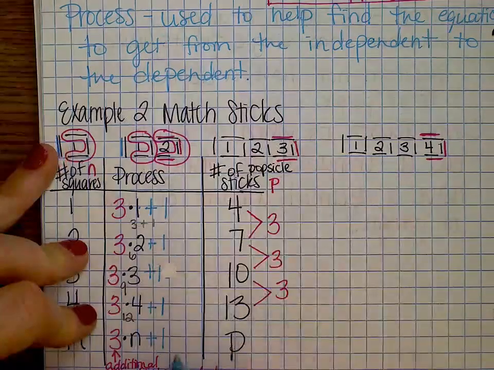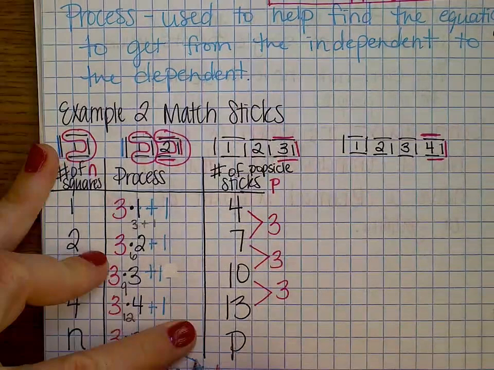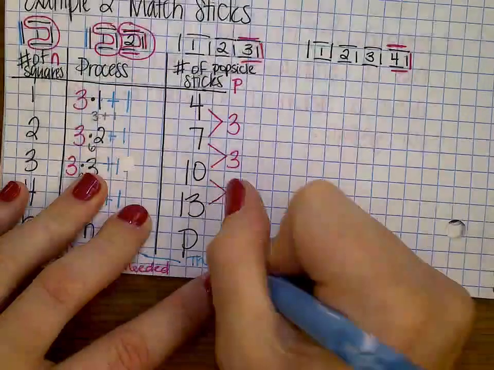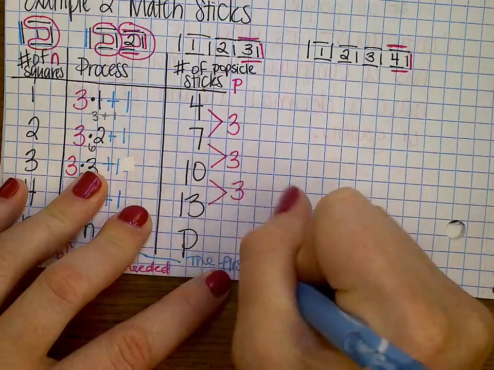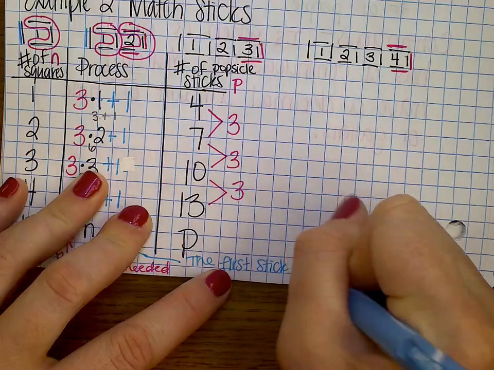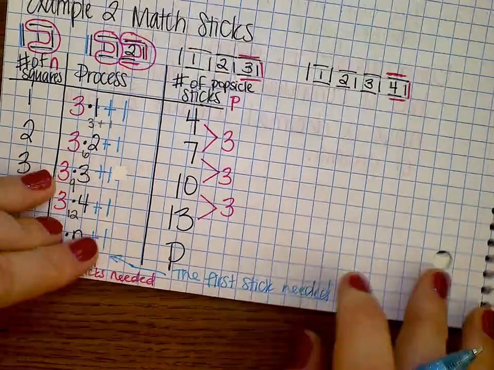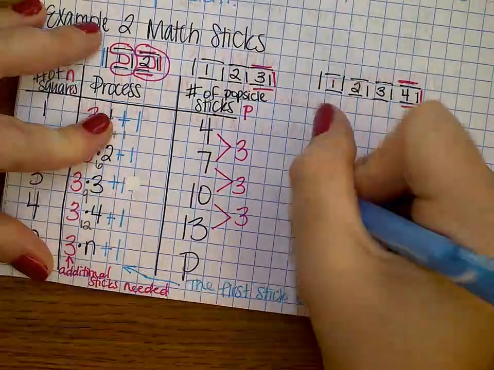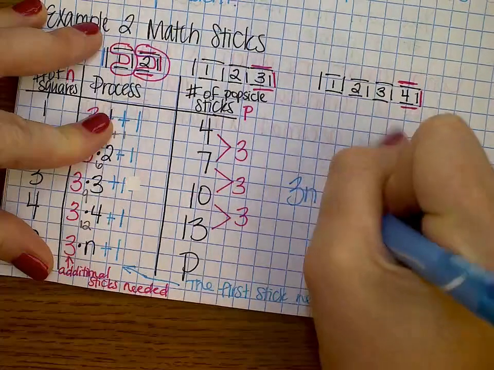So the 1 here is the first stick needed. So our final equation would be 3n plus 1.